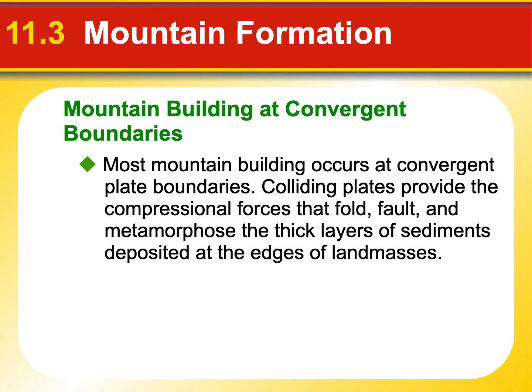There's thick layers of sediment deposited sometimes at the edges of these land masses, but this is big mountain building right here. Some of the largest mountains that we know of are formed from these convergent boundaries, in particular continent-to-continent convergence. But let's talk about the different types of convergence and the types of mountains that they form along these boundaries.